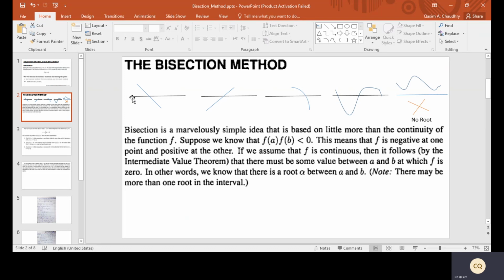Students, here you can see this is, for example, the x-axis, and this is the line. So this line will touch the x-axis at this point. So this point is basically the root of the equation. Similarly, if you see this one, this one is the root. Here in this case, this one is the root. So you can see this point is basically the root of the equation.